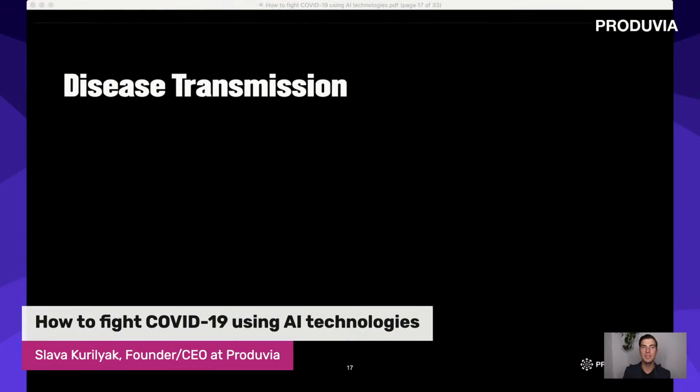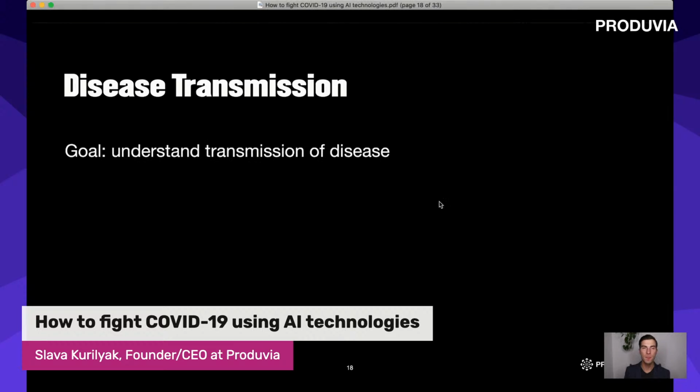So this is the third use case here. We're talking about the idea of disease transmission. The goal, ultimately, is for companies and healthcare providers to understand how this disease transmits from one person to the next over time.